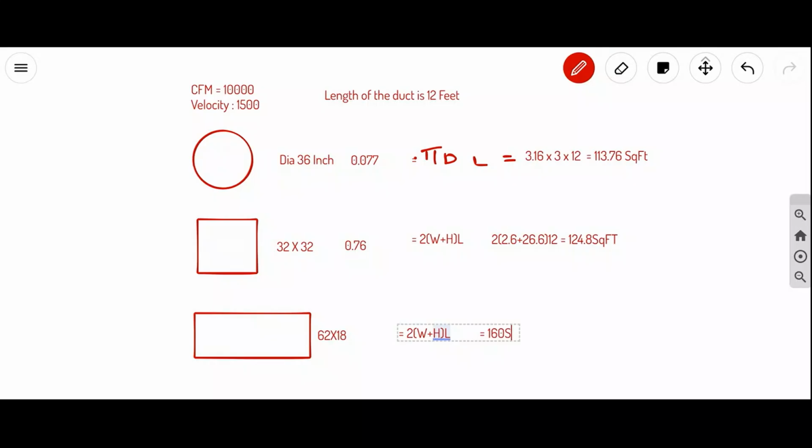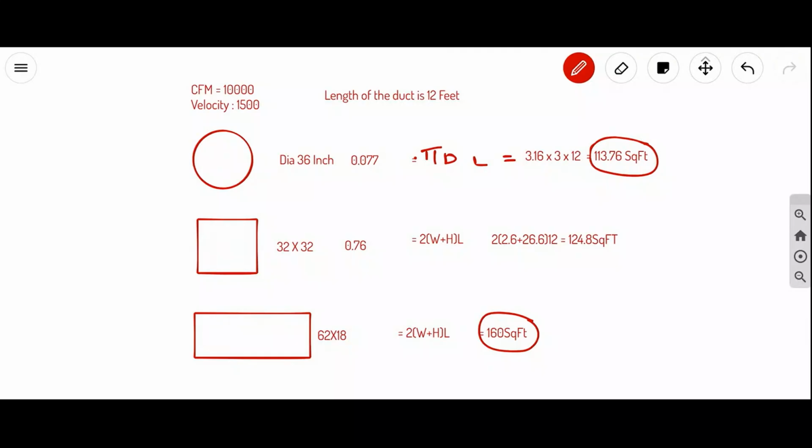Are you able to notice something here? What is the contact area here? 114. Yeah, 114. What is the contact area here? 160.